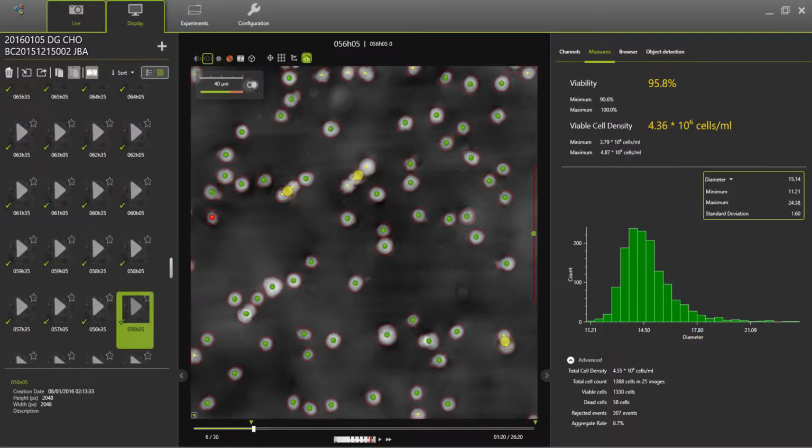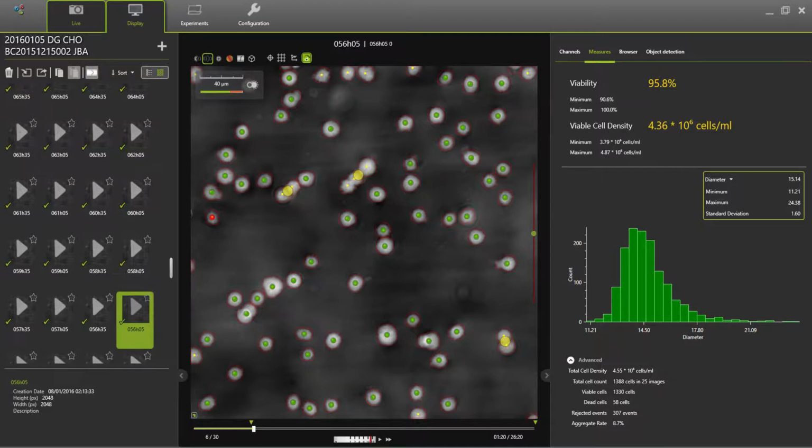How does it look like in real life? What you see now is a screenshot of an ongoing analysis. This is basically the result at the time point 56 hours in a bioprocess, where you can clearly see the viability and the viable cell density, and where in the middle you can look at the cells and see the cells as they are moving through our flow cell.